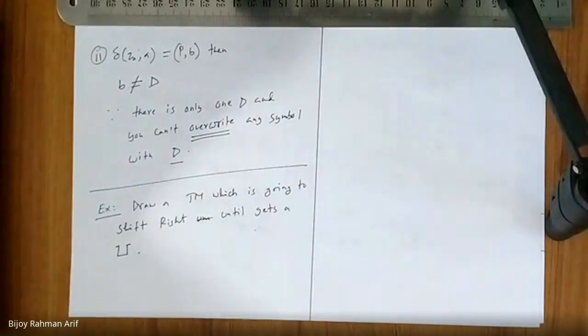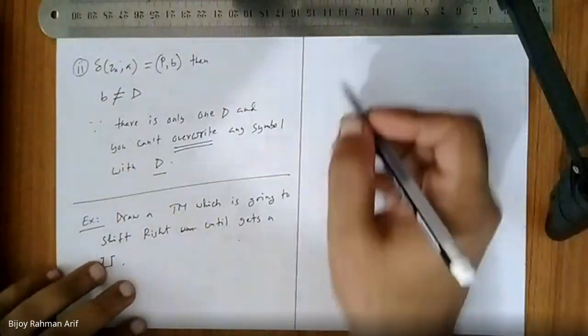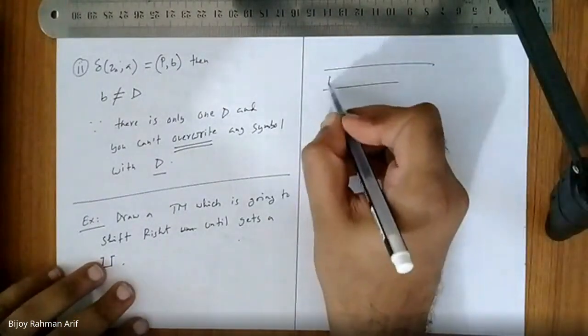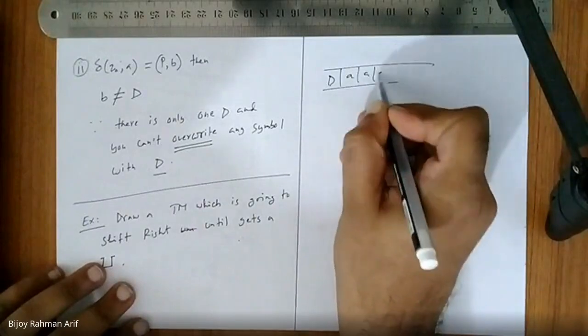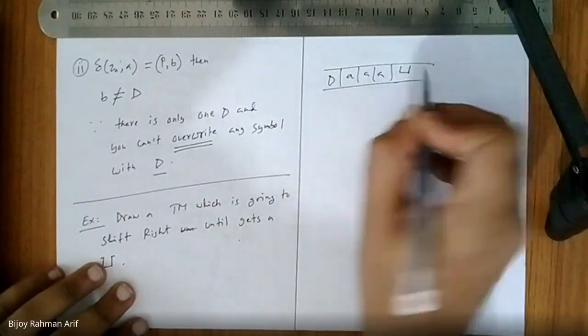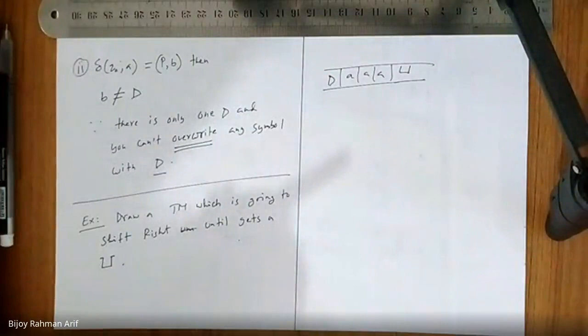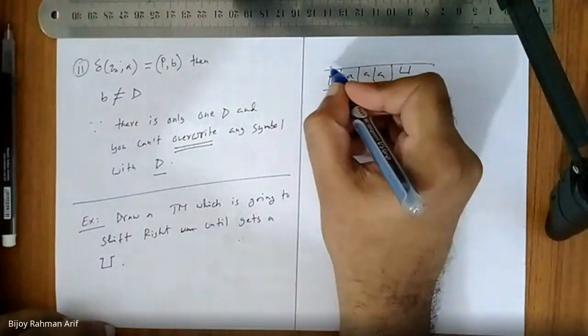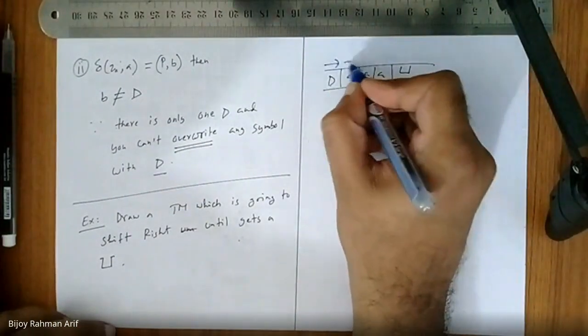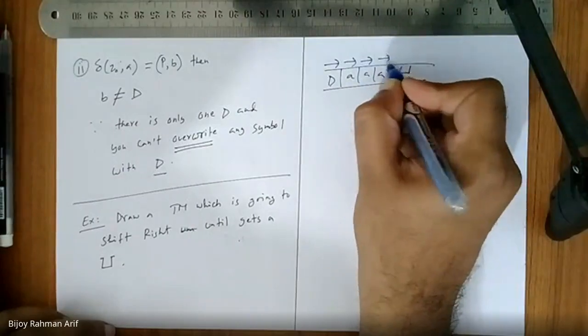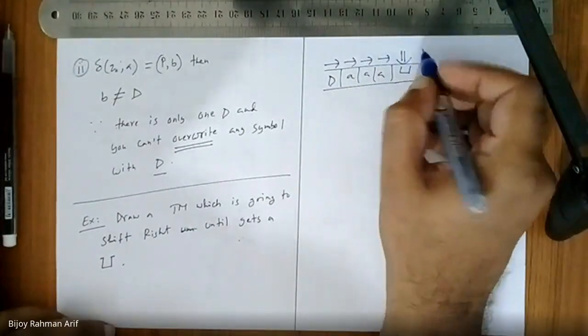Draw a TM which is going to shift right until it gets a blank. So what would be the Turing machine? It is something like this. So buffer, let's say A, suddenly I get a blank. So what is it going to do? Starting from here, shift right, shift right, shift right, shift right, getting a blank, halt.